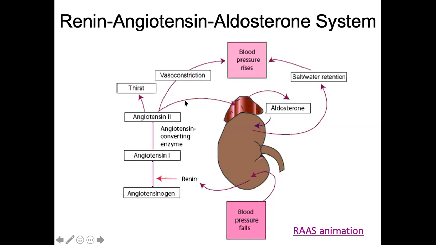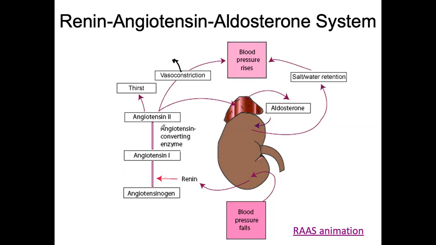There's also an angiotensin, and I'm going to write on this. Let me see if I can get this to work. Okay. There's also, once angiotensin 2 vasoconstricts everything, and this occurs in the lungs, right?